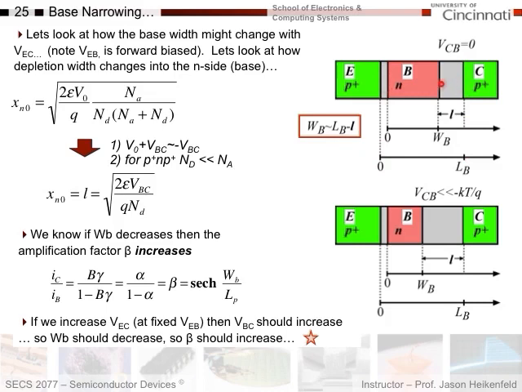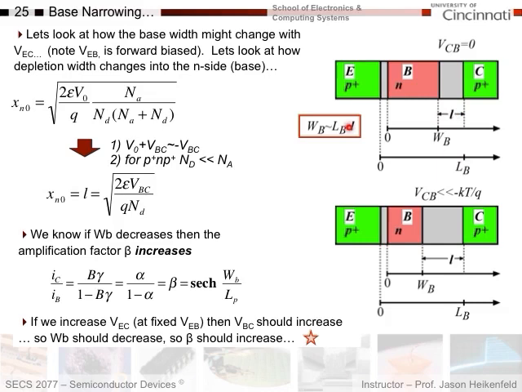I'm going to add a term here, L, which is the width of the base collector depletion region, and my base width then is going to be decreasing as L increases. So approximately my base width, WB, will be equal to the length of my base minus L. And so what is this L?